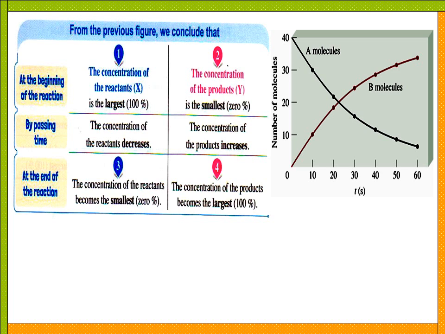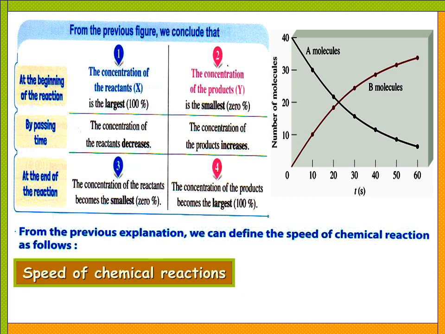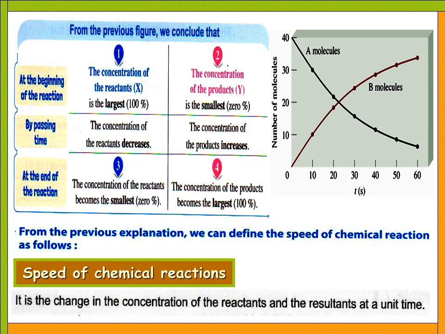By time the concentration increases, and at the end of the reaction the concentration of the product becomes the largest, at 100%. From the previous explanation we discover that the concept of speed of chemical reaction is the change in concentration of reactant and product per unit time.